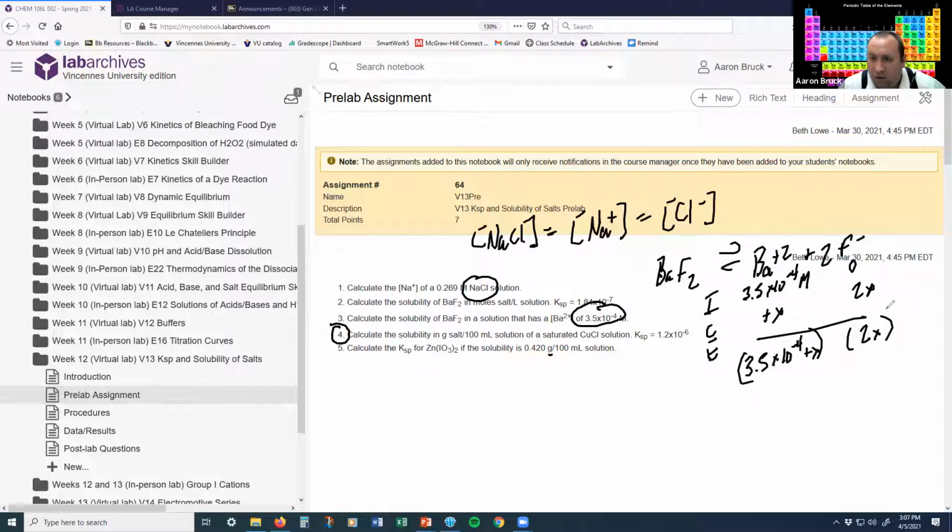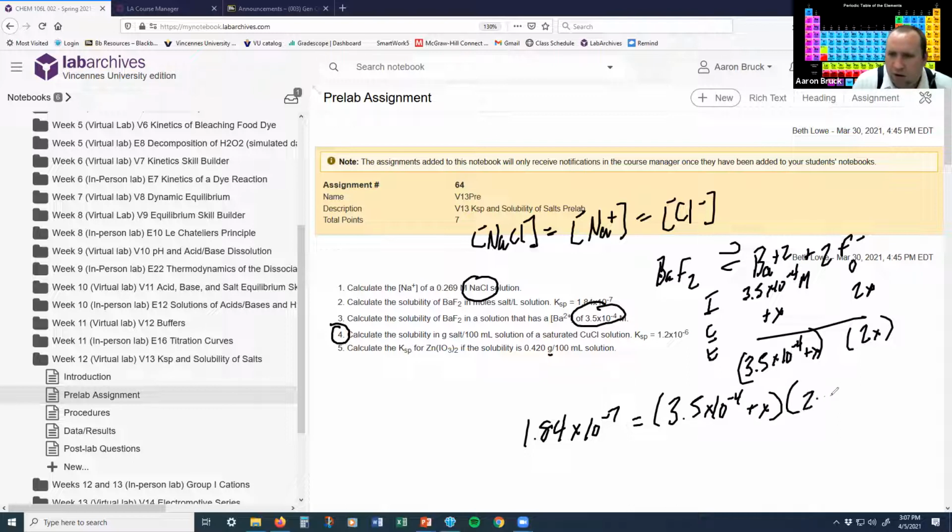Now, depending upon the overall situation, when we go to do the calculation, there's usually something that we can kind of work around.